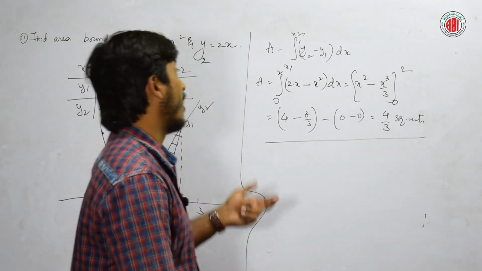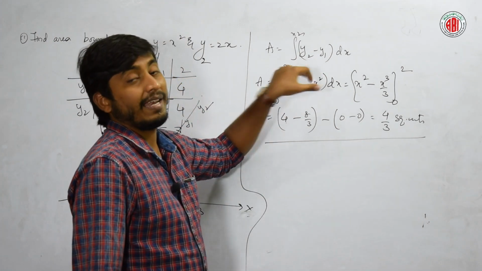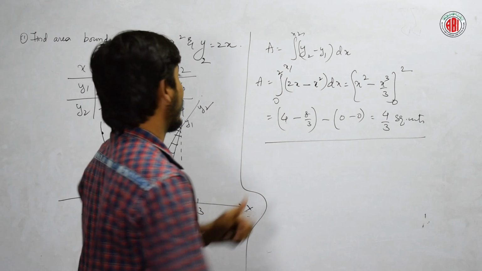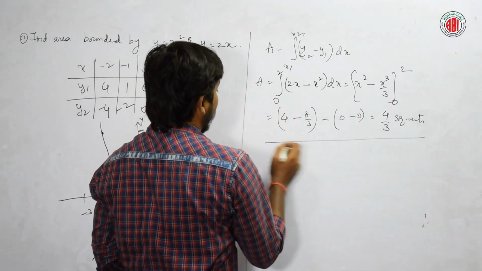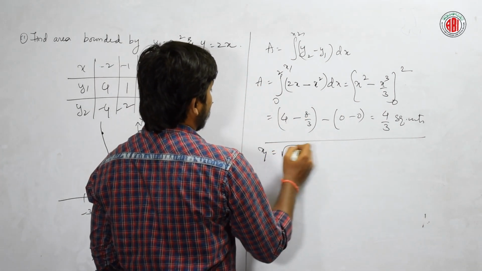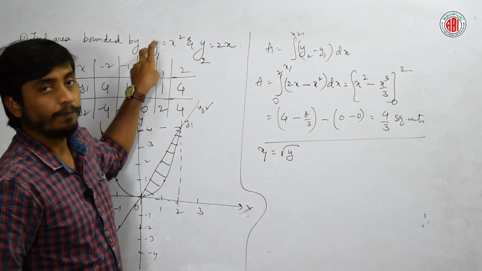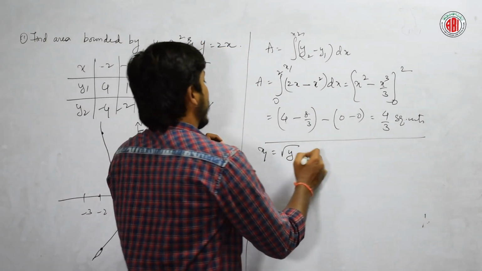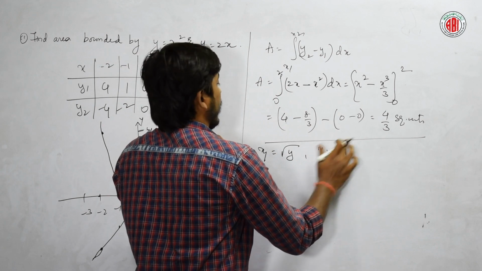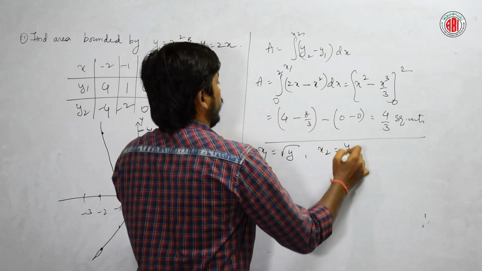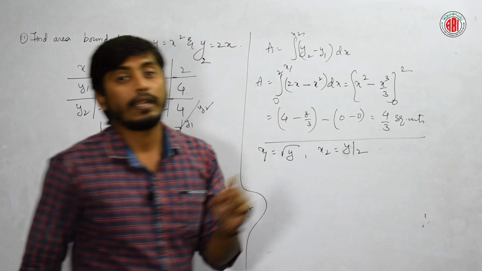Yes, right. Now instead of y2 minus y1, let us take it as x2 minus x1. So how do we get it? See here. Here I will write x1 as root y. Can I write it? Here, can I write x2 as y by 2? Clear?